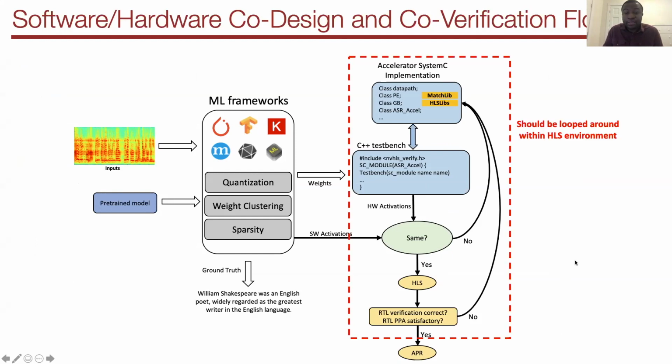In fact, it is critical, I believe, to perform this entire loop within the HLS environment as much as possible for the fastest turnaround. Many HLS tools out there, especially the commercial ones, already provide built-in capabilities to extract the post-HLS PPA from the design, and this definitely helps facilitate this feedback loop.